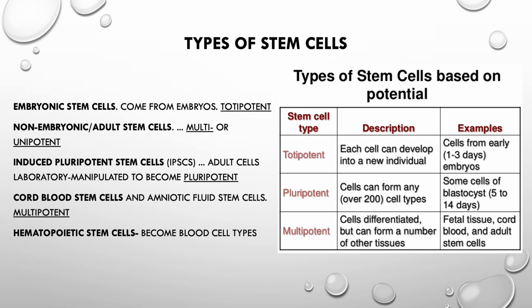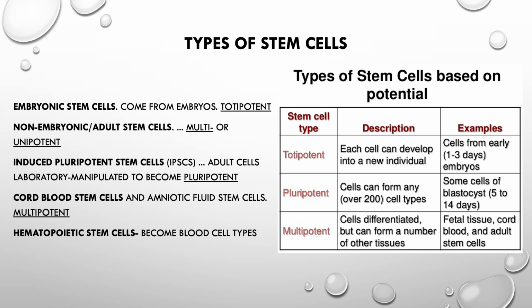Stem cells can be further divided into different types, depending on their stage of development. Embryonic stem cells come from embryos, and we call those totipotent, as totipotent cells give rise to all cells in the organism. Non-embryonic or adult stem cells, we call those multipotent or unipotent.